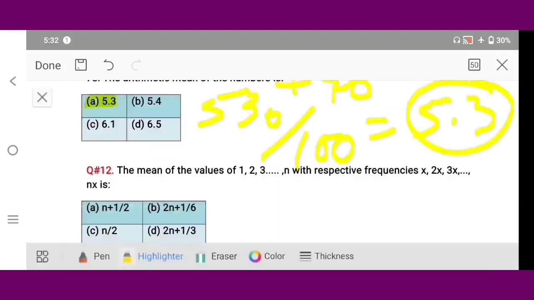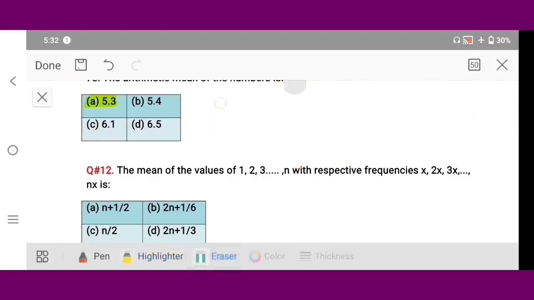So let's solve. We know that we have, let's suppose we have two columns, one for the values of x, that is 1, 2 up to n, and the other one for f.